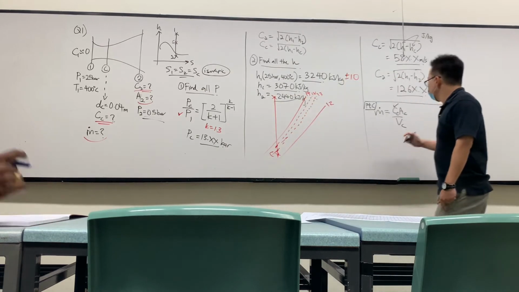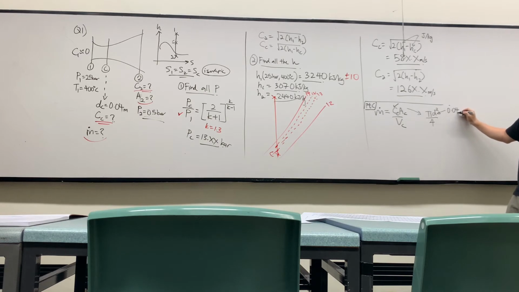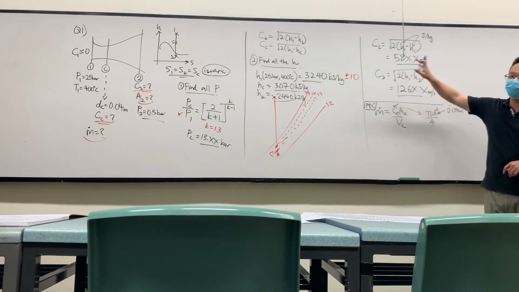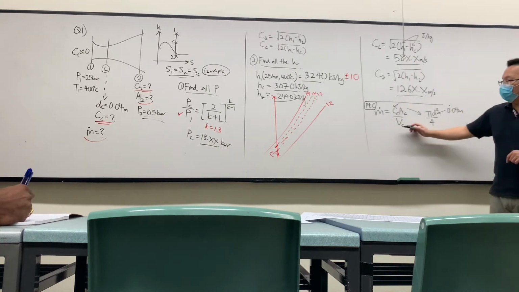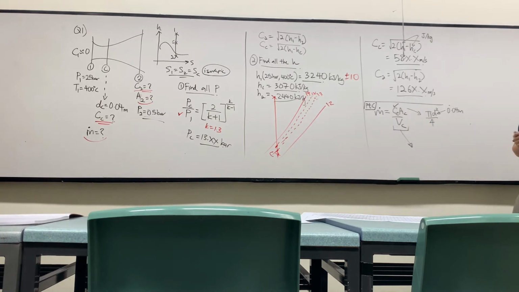How to find? A equals pi D squared over 4, where D is the diameter, 0.04 meter. All clear? Okay, so this one no issue. Found already. Now I want to talk about this fella here. So look here, BC.